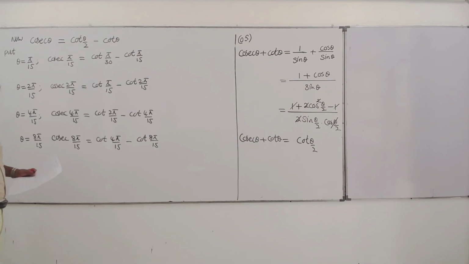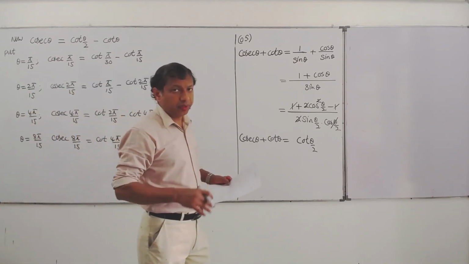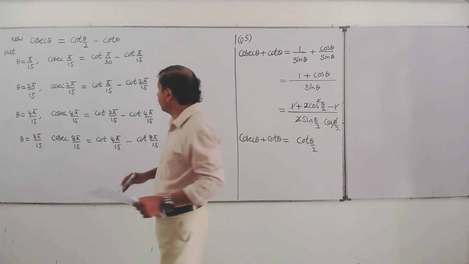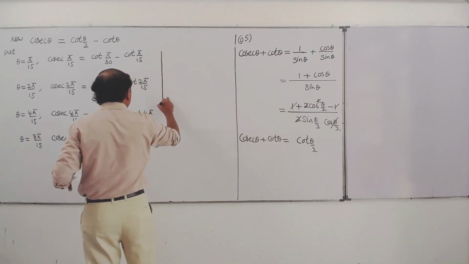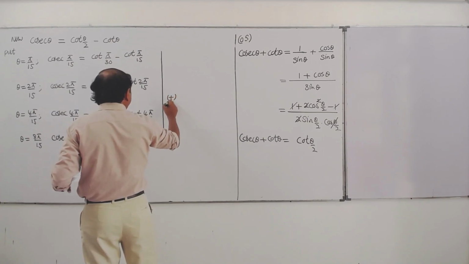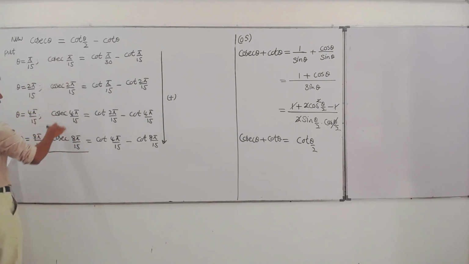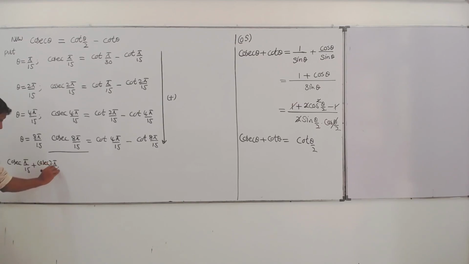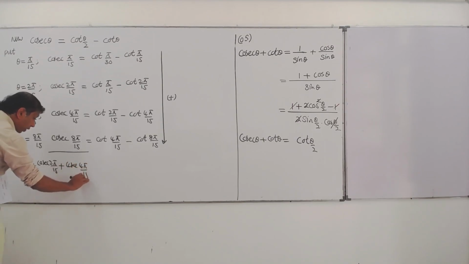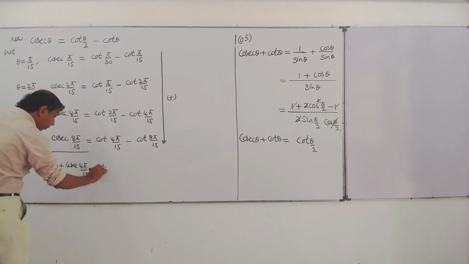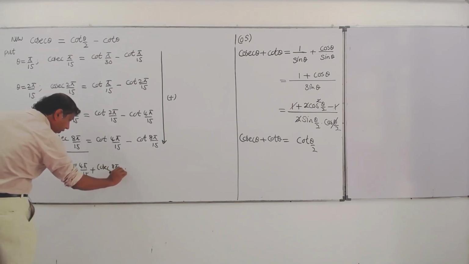Now what we do next, people, is add the left and right. That means this way we write it. Right. Then in the left hand side you get the sum of these 4 terms: cosec pi by 15, cosec 2 pi by 15, cosec 4 pi by 15, cosec 8 pi by 15.